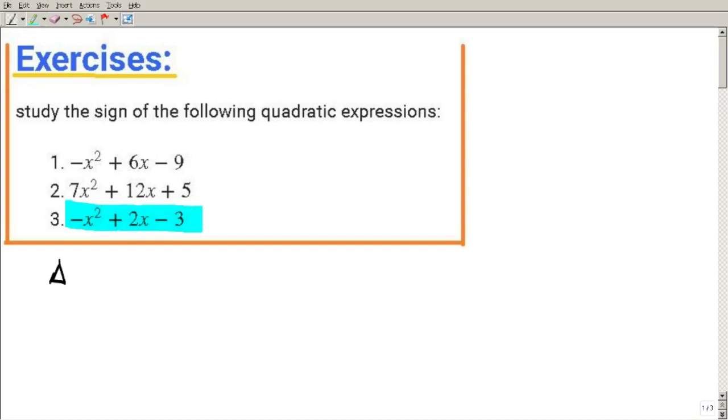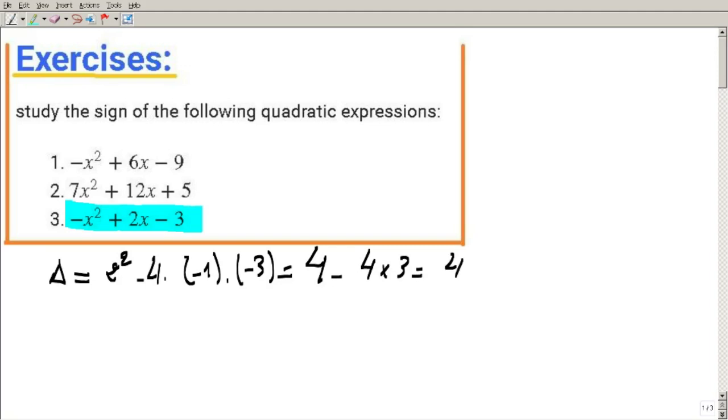Same method, we calculate the discriminant, which is equal to 2 squared minus 4 times minus 1 times minus 3, which is equal to 4 minus 4 times 3, which is 4 minus 12, equal to minus 8.